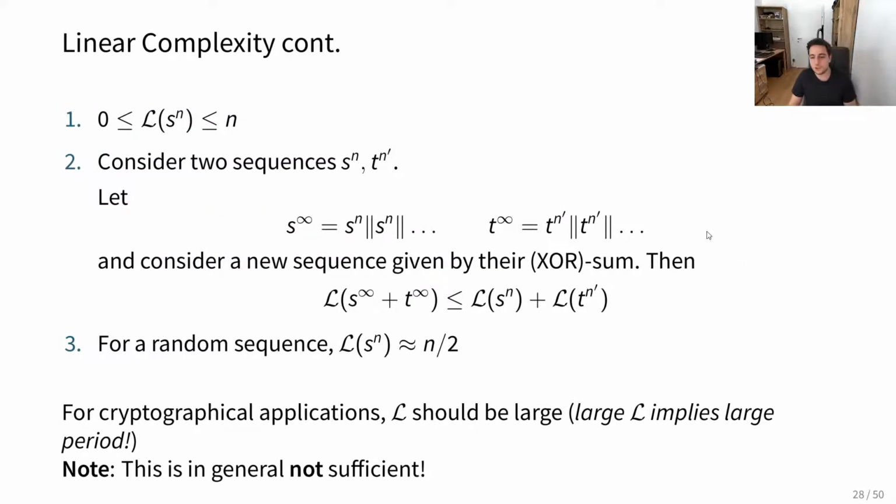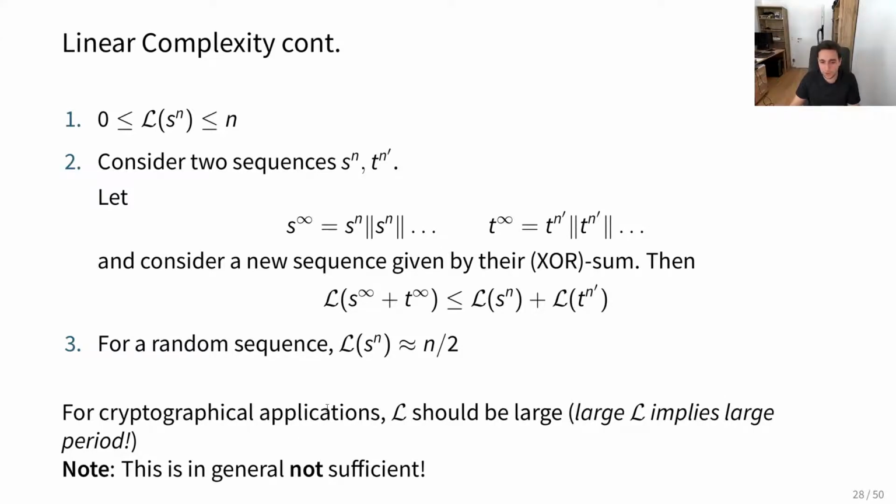This is just the property that if we have two different sequences of bits, and we consider a new sequence where we just add these two sequences, so make an XOR sum, one over the other, then the linear complexity of the result is at most the linear complexity of the one plus the linear complexity of the second sequence.